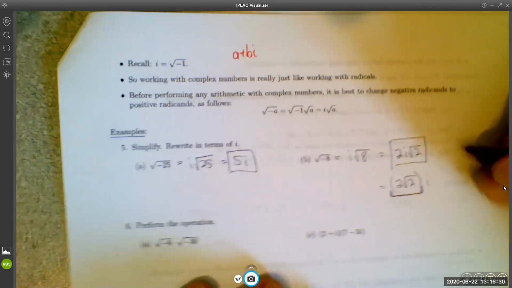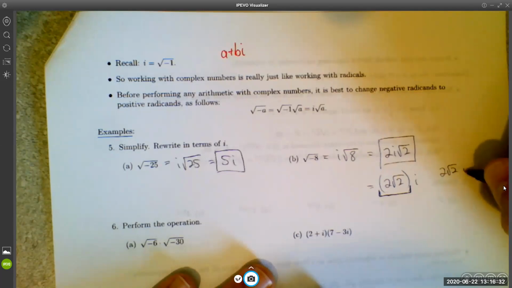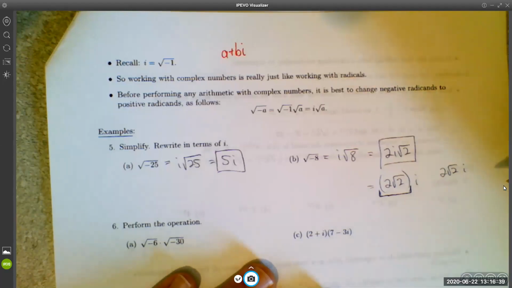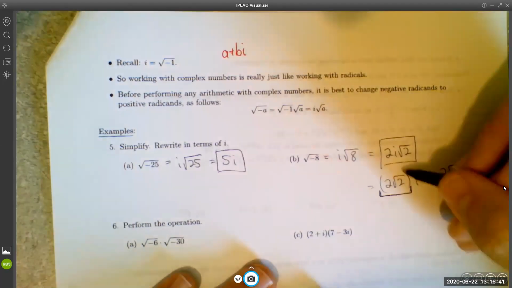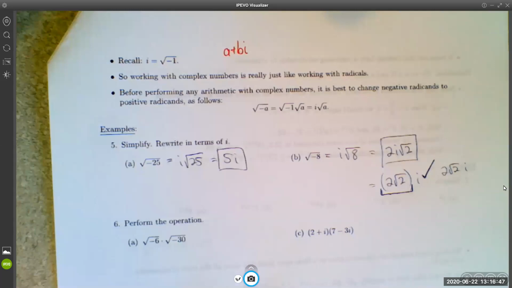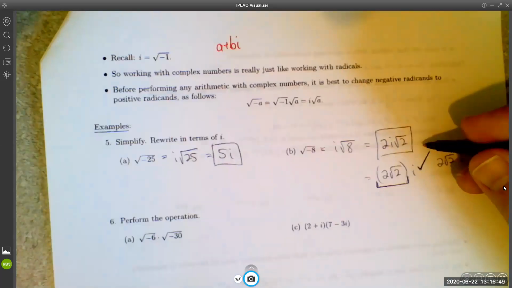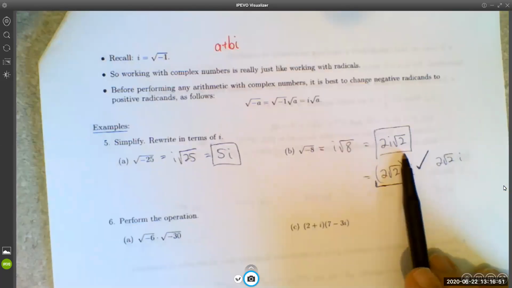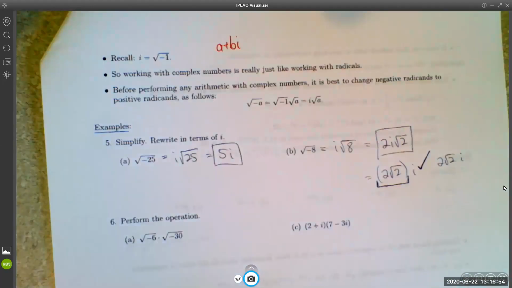The reason that they don't write it like this is that sometimes it's a little bit ambiguous as to whether or not the i belongs underneath the radicand with the 2. But if you just put parentheses there, it's super clear. I kind of like this notation the best. But if you do it the top way, you're not going to be marked down. In fact, I think the solutions are probably presented this way.